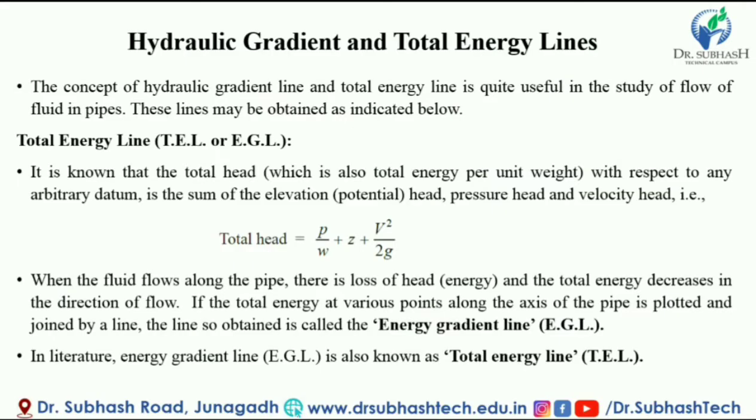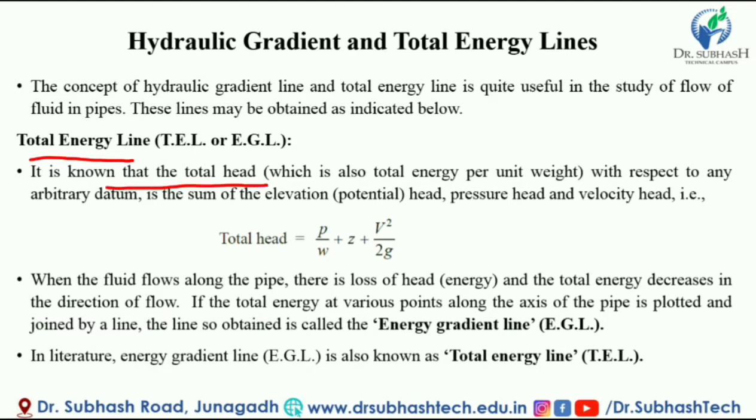First we see the total energy line. As per the name, total energy, we first find out the total energy, and in the hydraulic subject we also call the total energy the total head. So we first find out the total head.